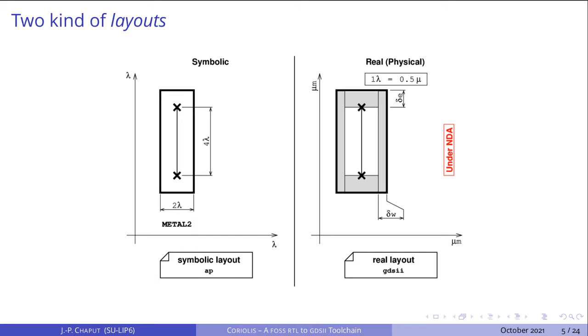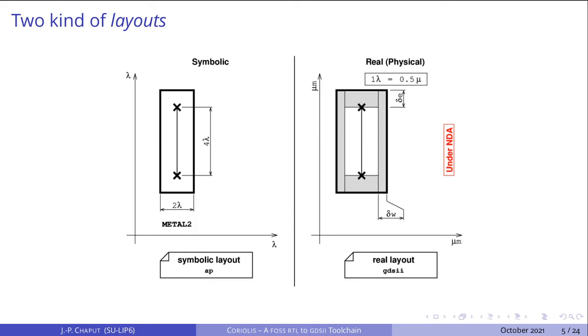So instead of drawing one standard cell library per technological node or foundry, they decided to create an anonymous unit, which is called the lambda, and to draw their standard cells once and for all with that unit. Then, when they wanted to target a given node, they just had to make a shrink, like it is shown in the right part of the slide.